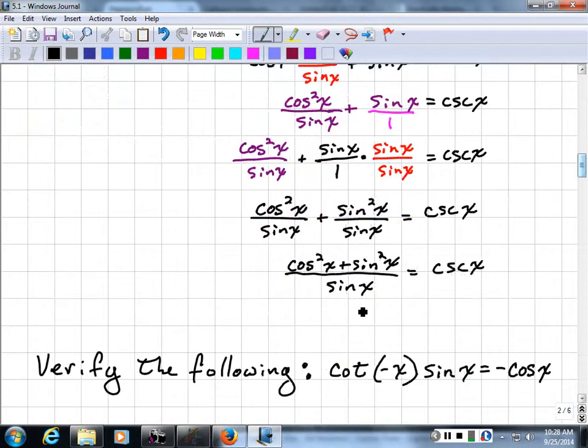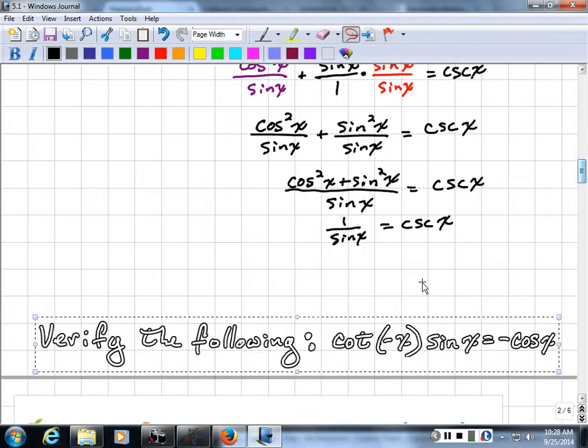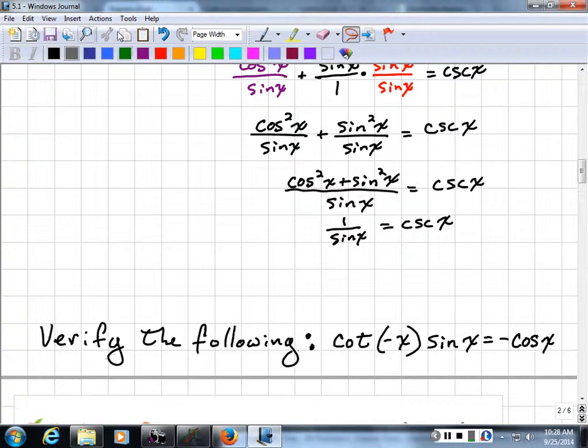So this becomes 1 over sine of x. I'm saying it's still equal to the cosecant of x, and we know now by the reciprocal identities that this will be the cosecant of x equal to the cosecant of x, and I have verified the identity.